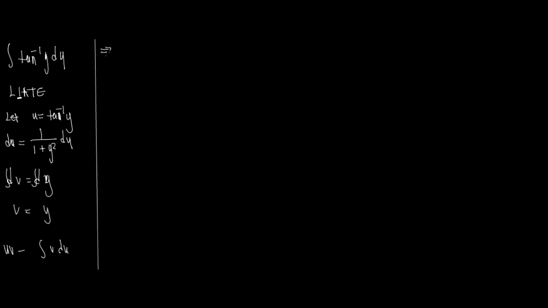So this implies that the integral of arctan of y dy is equal to u, which is arctangent of y, and v, which is y here, minus the integral of v du. v is y and du is 1 over 1 plus y squared dy.